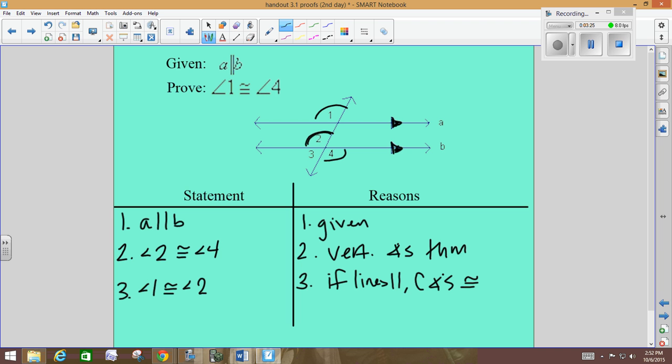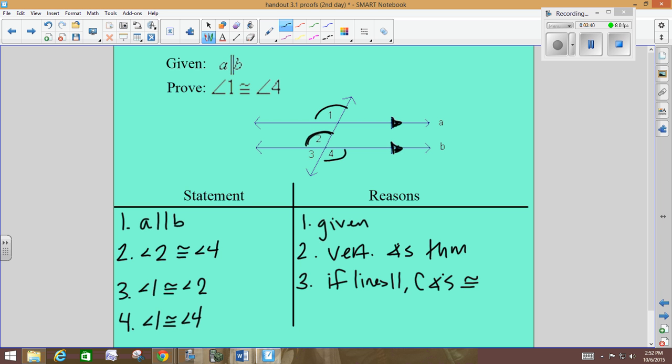So if angle 4 is congruent to angle 2, and angle 2 is congruent to angle 1, what does that say about 1 and 4? That they're congruent. You could use substitution.